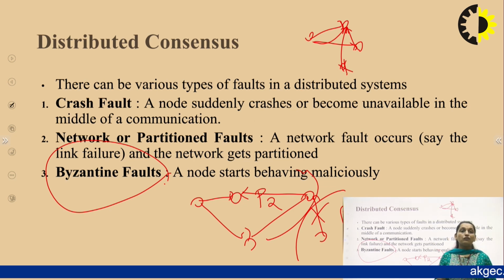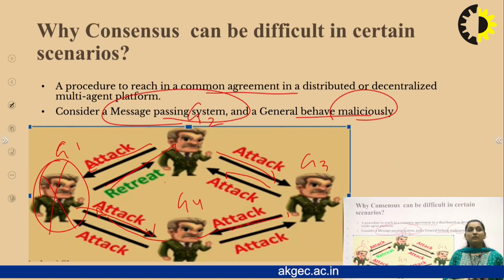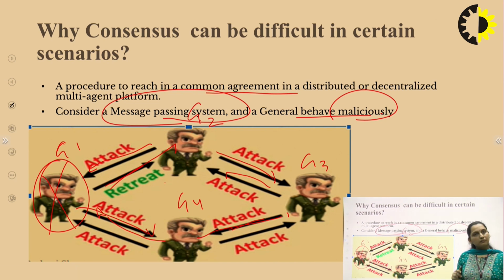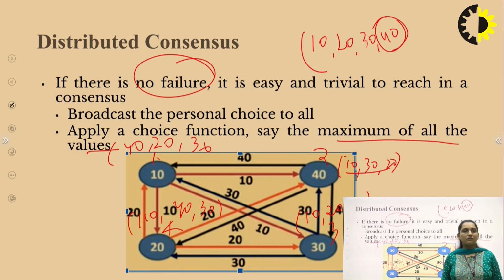So we have to make sure that we identify the Byzantine faults, as in this example also. This node is giving wrong information to node 2 and node 4, and that can attack and disrupt our consensus from giving a right result.